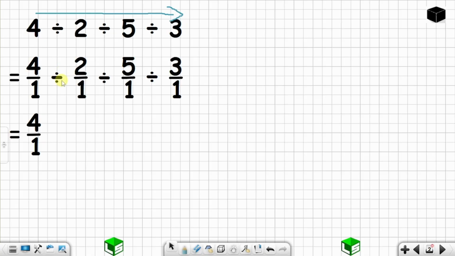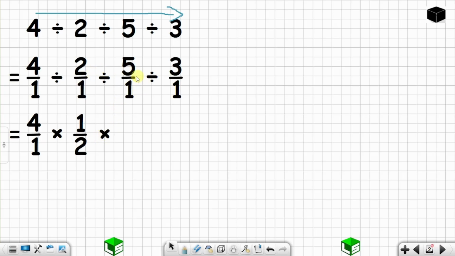Now, you are going to change division into multiplication, times. Now, the following fraction is going to be flipped. So, times 1 over 2. You change division into multiplication, times.